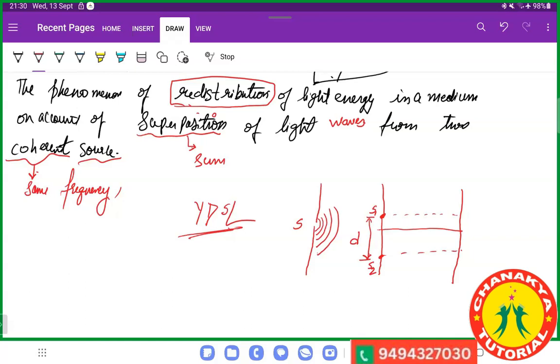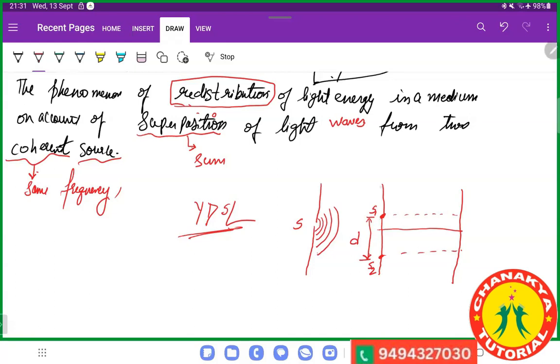See, actually this was one source, right? Now with these two slits, it became two sources. So if you compare with our previously studied theory, what are we saying here? The primary source is the source for the secondary. So here the secondary sources are now primary sources for another one.